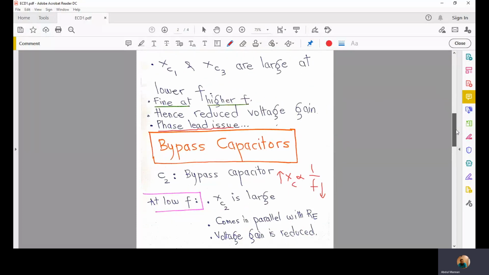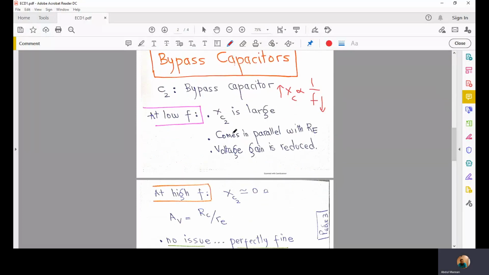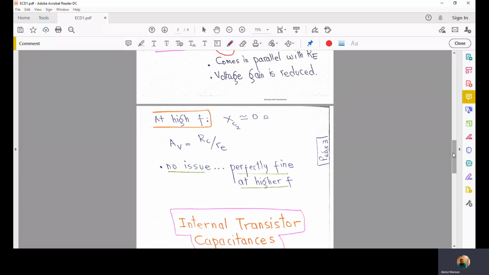So at lower frequency, C2 plays its role to reduce voltage gain. But at higher frequency, it is perfectly fine because at higher frequency, XC is small, and at very high frequency, it is almost equal to 0.